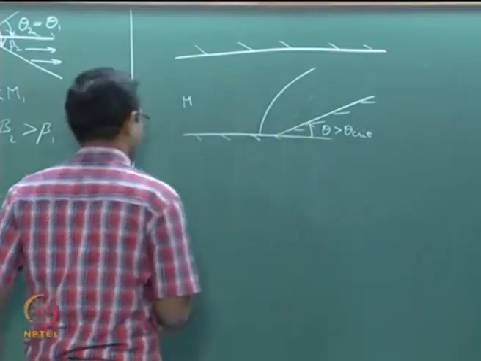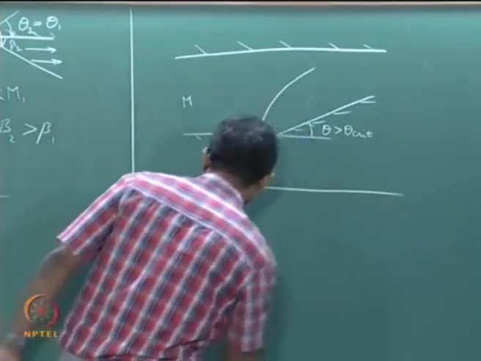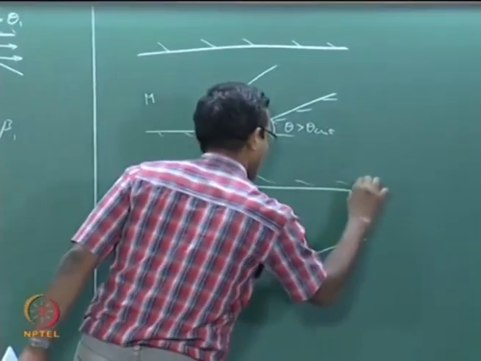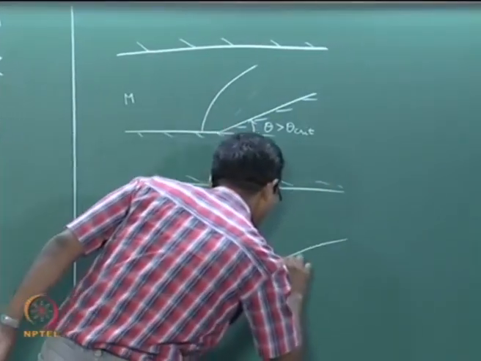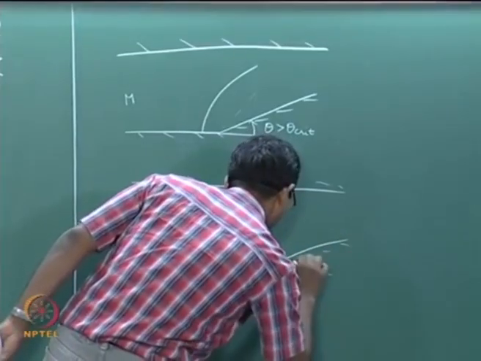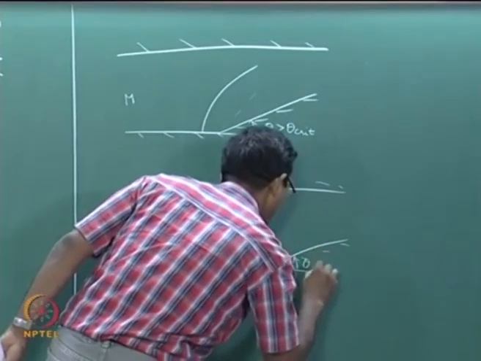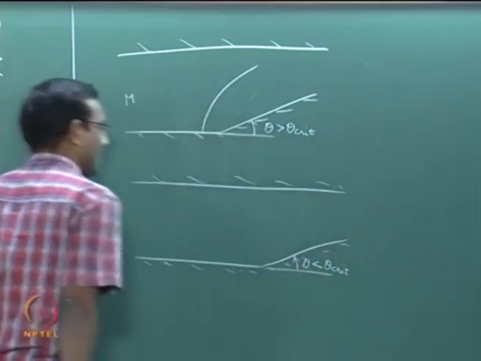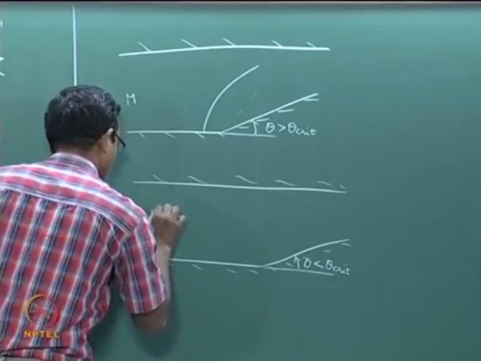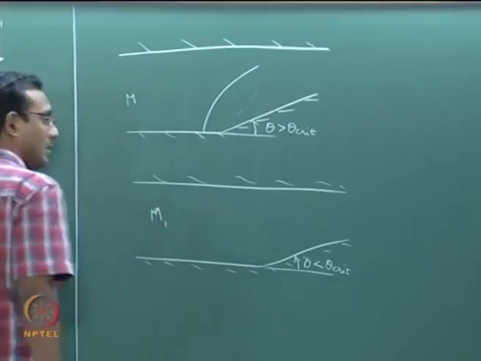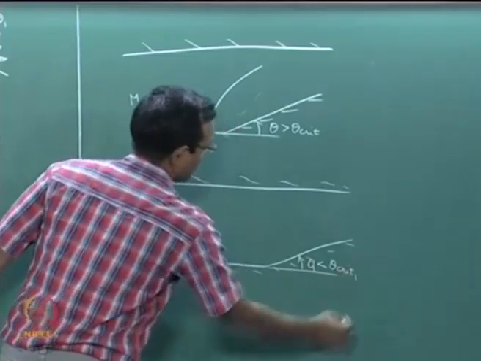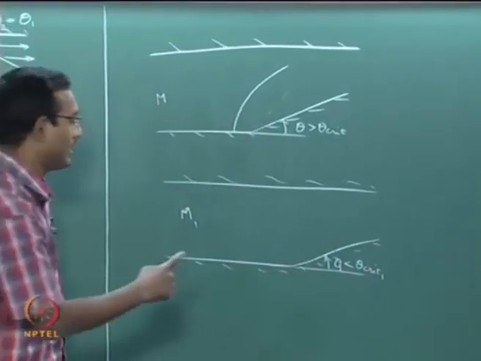Let us say I keep this picture, I will draw once more. I have a case where I have M1 coming, and this theta 1 is less than theta critical based on Mach 1. So, I will call it theta 1, theta critical 1 also.